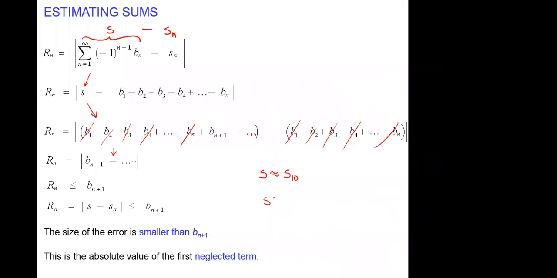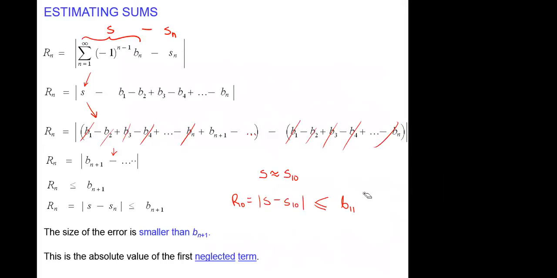Then somebody asks me, what is actually the difference? What will be the difference using just the 10 terms in the approximation of the entire sum? We can say the difference will be smaller than the next term, b sub 11. Okay? Because we didn't use b sub 11.